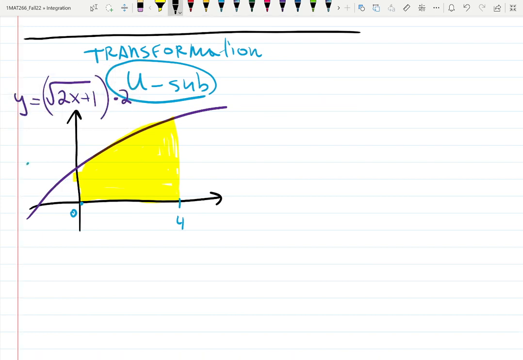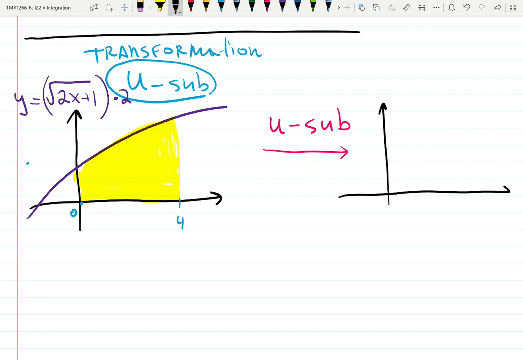So what we did instead, we performed the transformation called u substitution. I don't have to have such a long arrow, just a small one is fine. That not only changed the function, now we have square root of u, and that's not the same thing. Let me change the color also. It starts from 0 and goes like this.